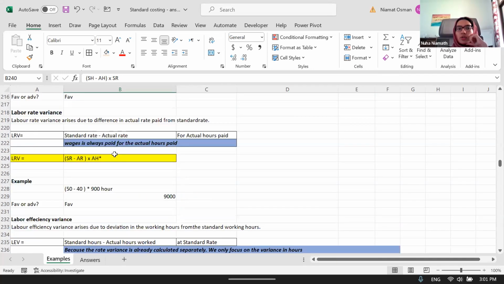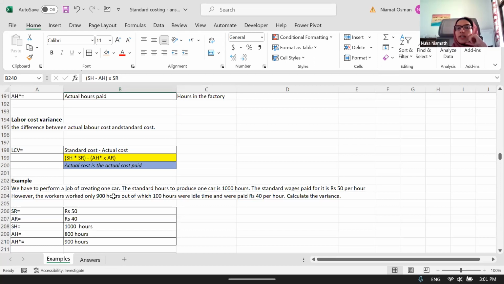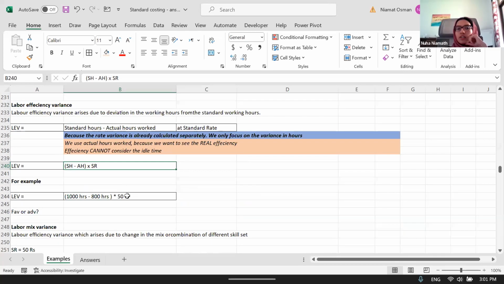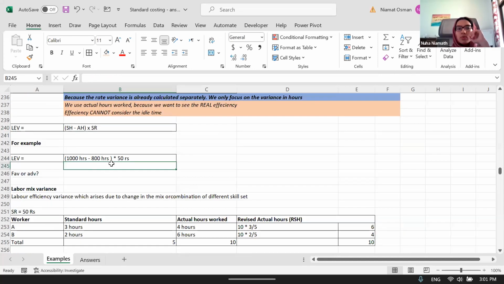If you go back to the question, 100 hours he was idle out of the 900 hours. So we are going to consider only 800 hours into 50 rupees, which is our standard rate. So what does this come to? 200 hours into 50 rupees, so 10,000.